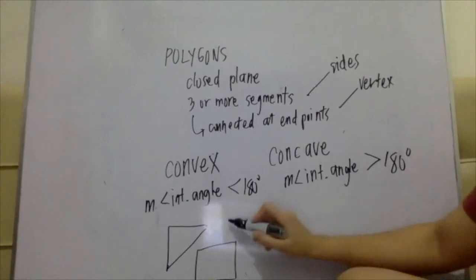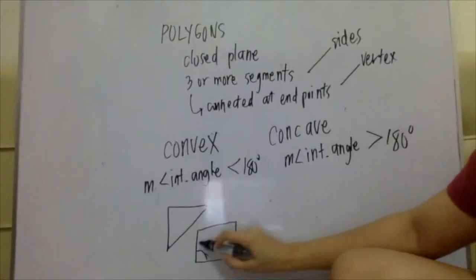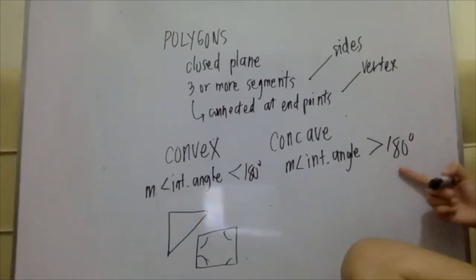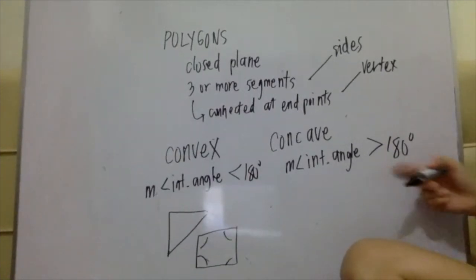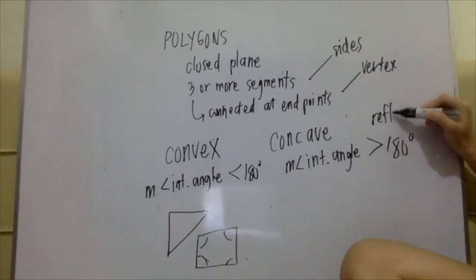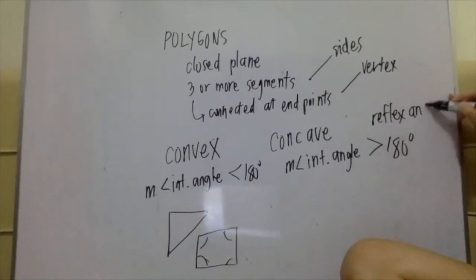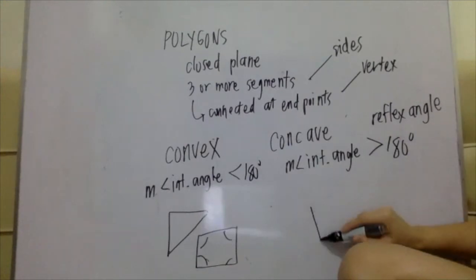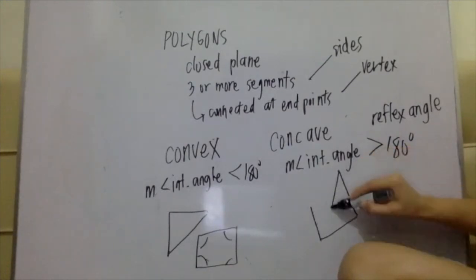Okay? Kung ano-ano pa. Kasi lahat ng interior angles mo is less than 180 degrees. Dito, kapag greater than 180 degrees, what's the other term for that? Pag meron kang reflex angle. For example, yung kanina nating example na ganito, okay?